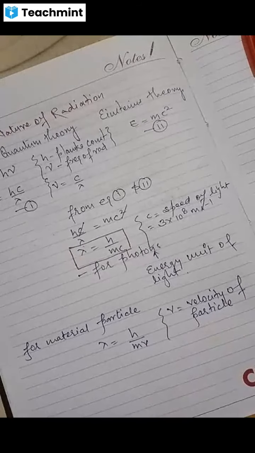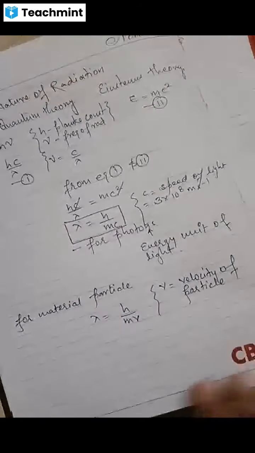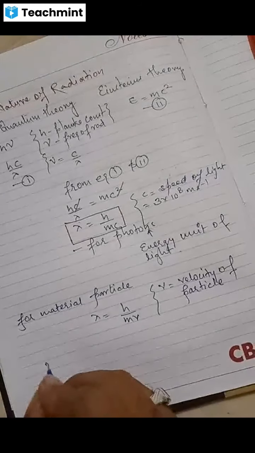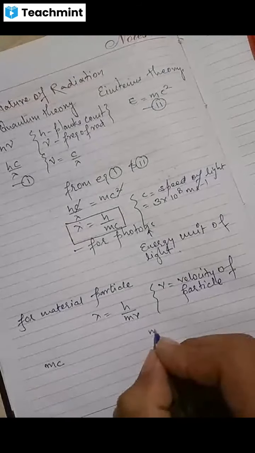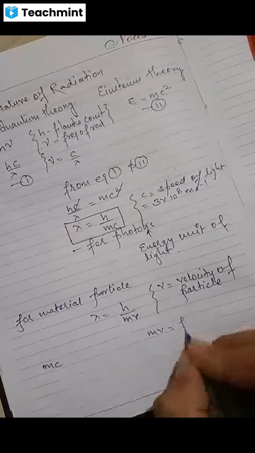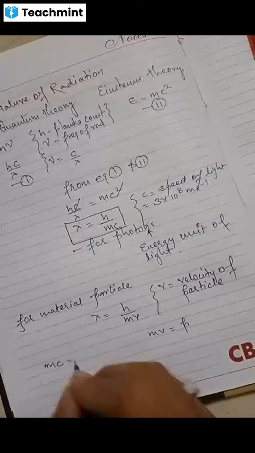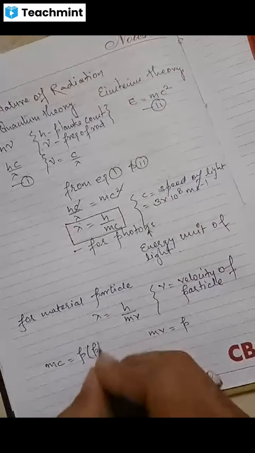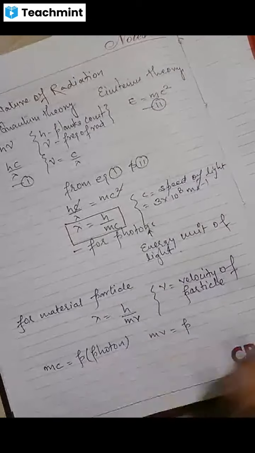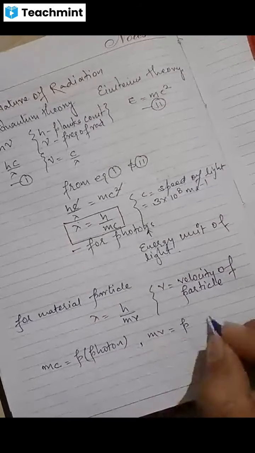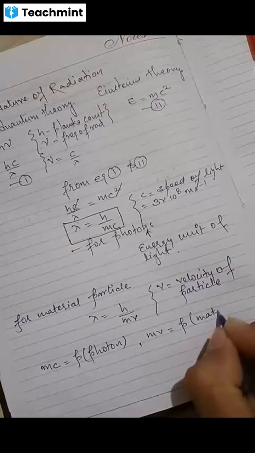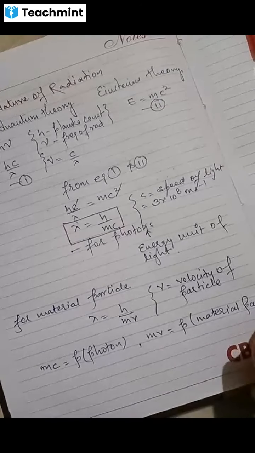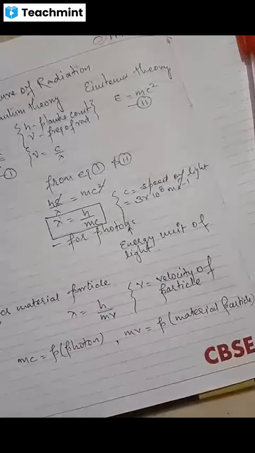So if you have taken any particle, say electron, then it will be lambda is equal to h upon mv. Now, students, mc or mv, mass into velocity, makes momentum p. And here it is also momentum. This is momentum for photon. And this is the momentum for material particle.